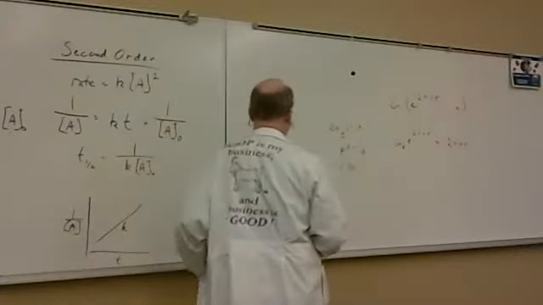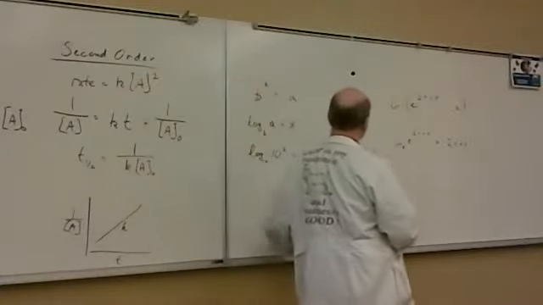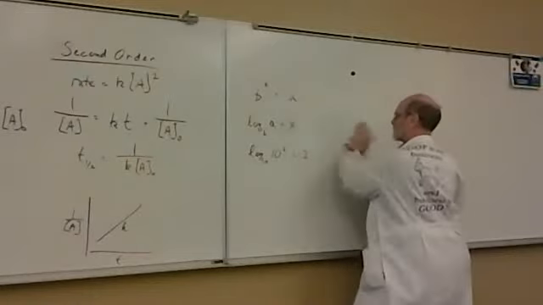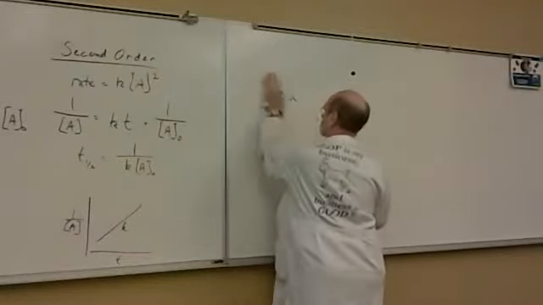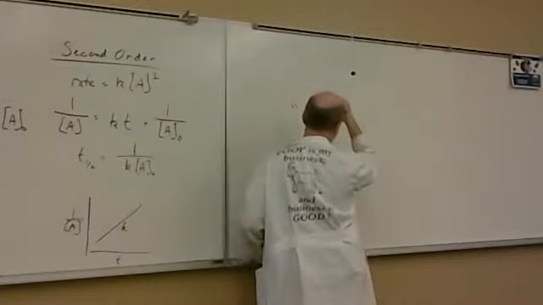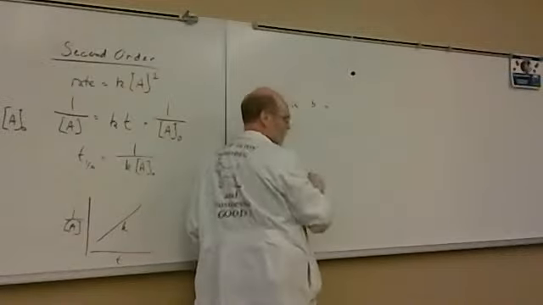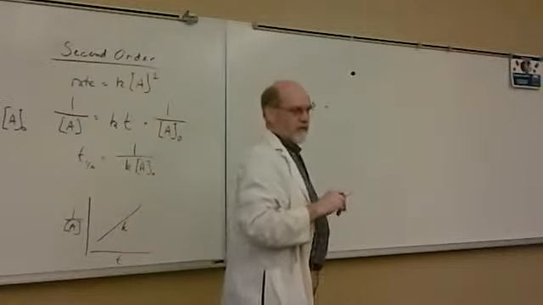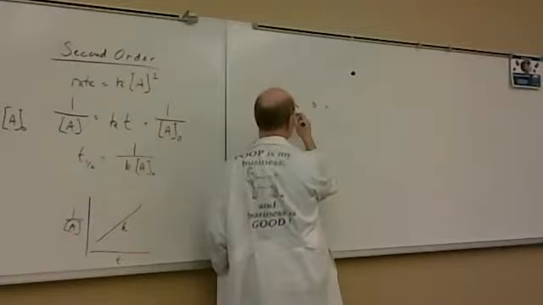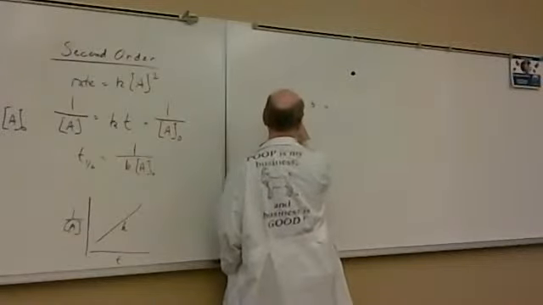The other thing that's good about logs is if you multiply two numbers, say A times B equals some value. Well, if A and B are extremely complex numbers, it might be useful to just take the log of that expression.